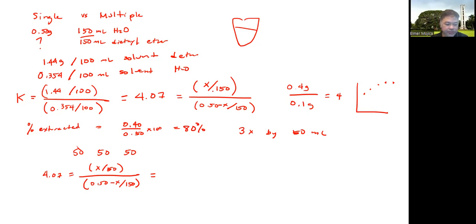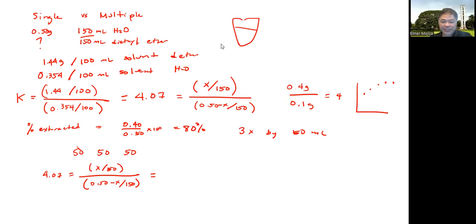The water is still 150 ml because that's where you get the source. The one that you replace is just the organic layer, because instead of 150 ml, you're going to extract it 3 times.